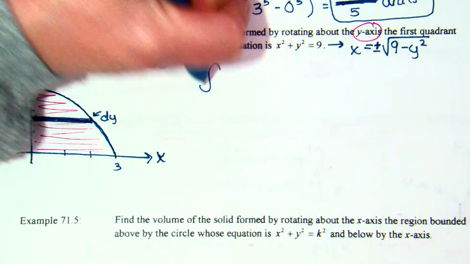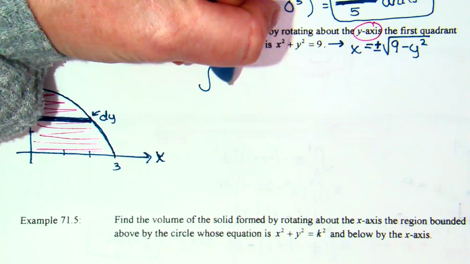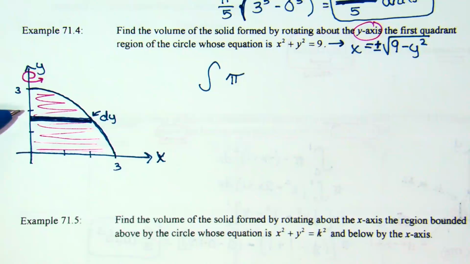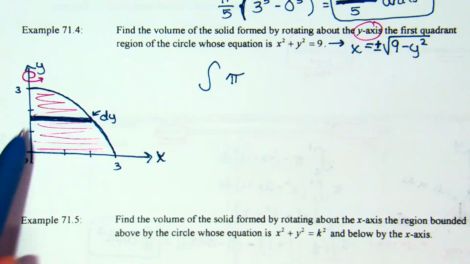And so, rotating around the y-axis, what is that function that's rotating? What we just had there, right? So square root of 9 minus y squared. What do I have to do with the function since it's volume? Square it. Remember, pi times the function squared, dy.